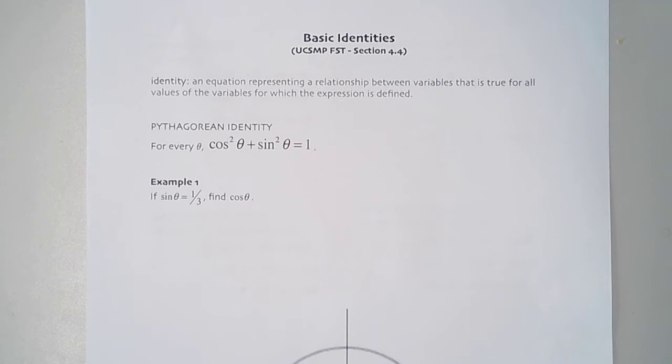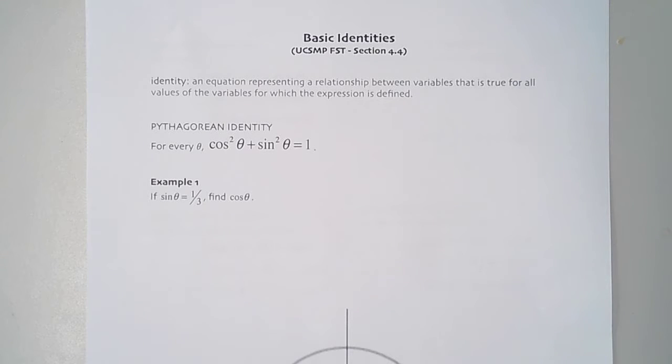But we tend to only use this phrase identity when we're talking about trig, because there's all these relationships between sine, cosine, and tangent that we're going to be exploring. Our next step, just so you know, is moving into not only making these statements, but proving that they're true.